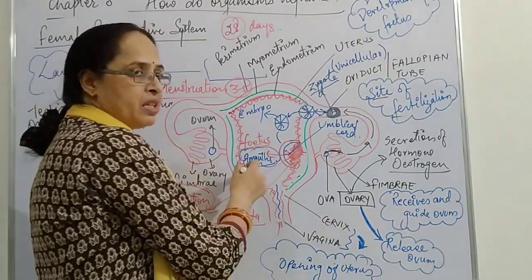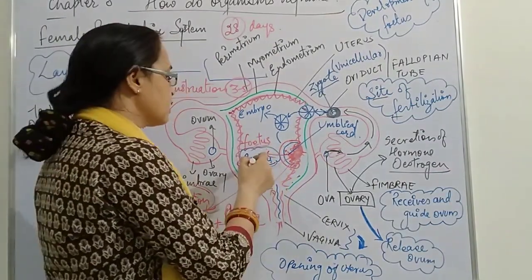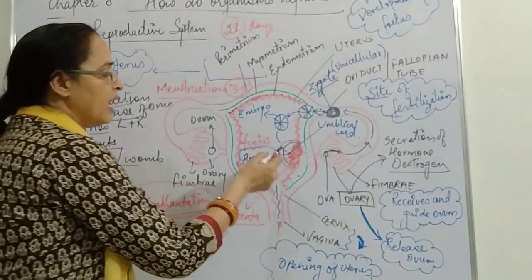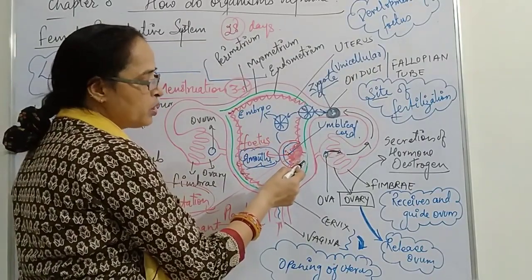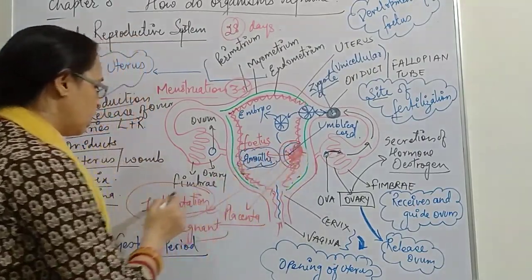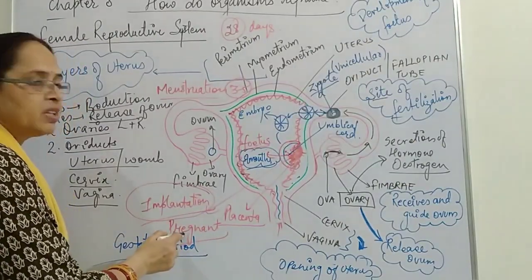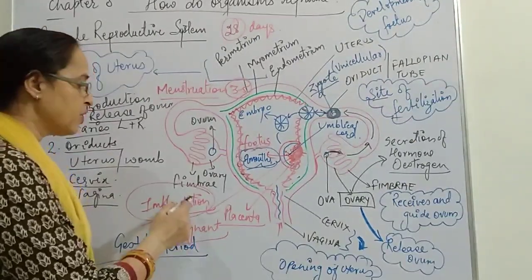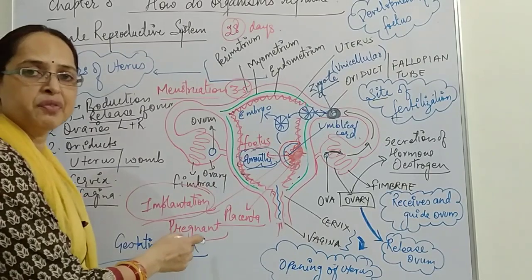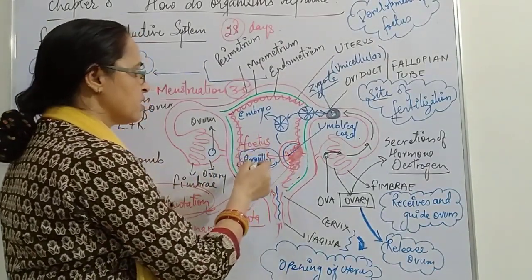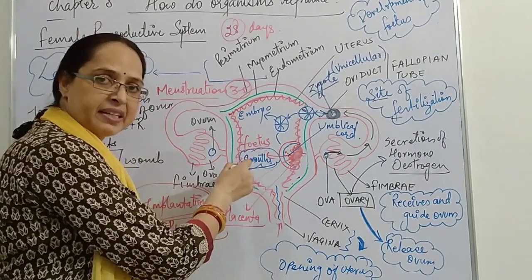The fetus takes 9 months for development, and this 9-month time period is called the gestation period. Attachment of the embryo to the uterus wall is called implantation, and implantation is the sign of pregnancy. Only after implantation is it said that the female is pregnant. When implantation is done, the fetus develops and the gestation period is completed.